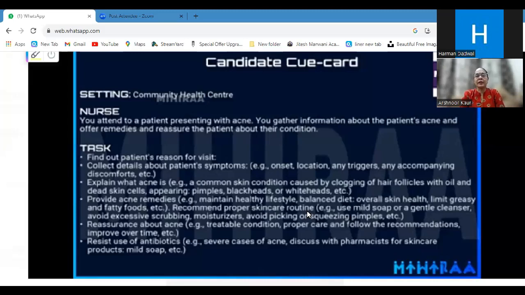So you are a nurse and a medical professional, and must be knowing what is the reason for the occurrence of acne. Actually, there are sebaceous glands which produce oil to keep the skin moist.